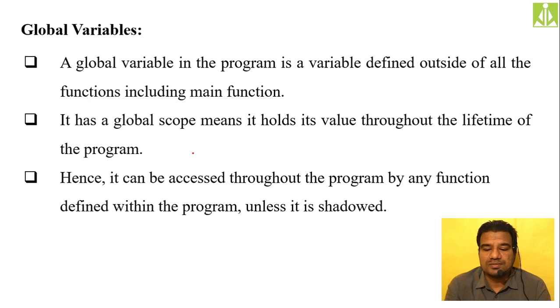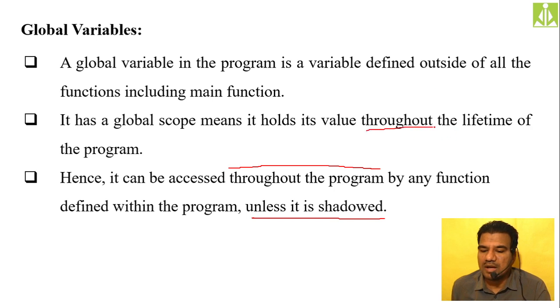So hence it can be accessed throughout the program by any function defined within the program unless it is shadowed. We need to discuss what shadowed means, how the global variables are accessed throughout the program, how their lifetime is throughout the program, and how we can shadow a global variable.